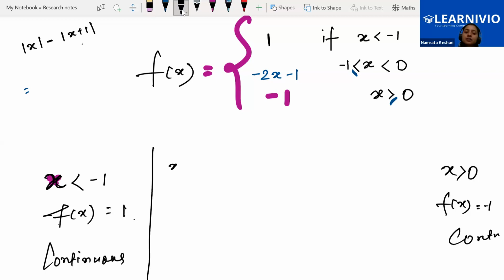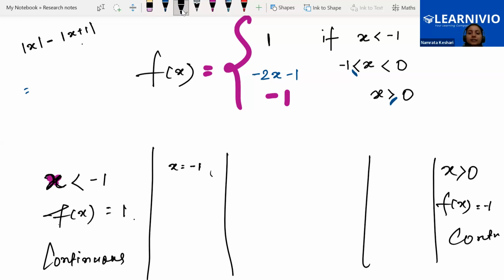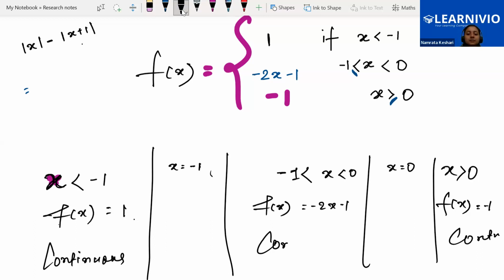We will be checking the continuity at x equals -1, and we will also be checking the continuity at x equals 0. We will also be checking the continuity in between -1 to 0. If x is lying in this range, then f of x is -2x minus 1. Is it a polynomial function? Yes. It is continuous.